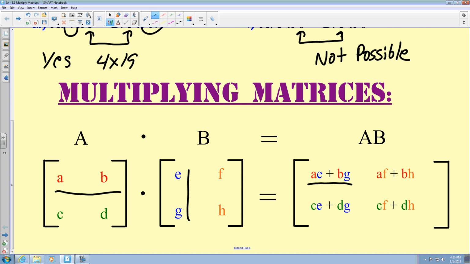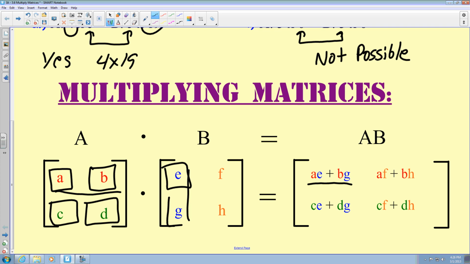If any of you have ever played Scrabble or Words with Friends, I suggest making these like cubes. When you realize that this first one here is row 1, column 1, I would like you to pull out values A and B and then turn them clockwise 90 degrees.